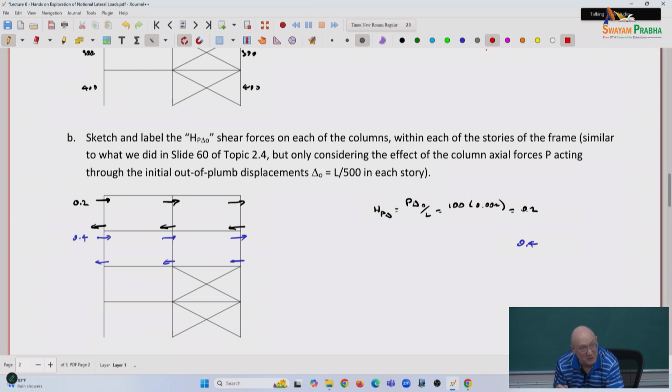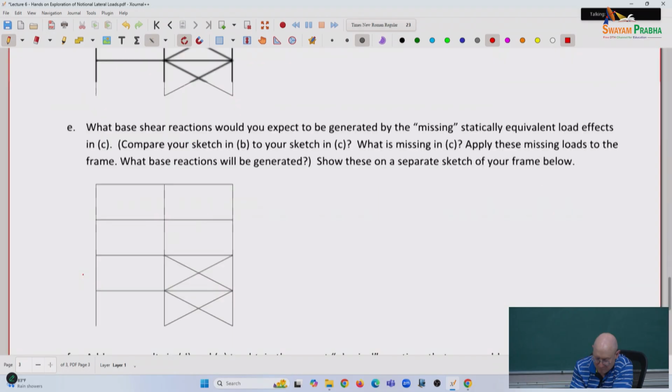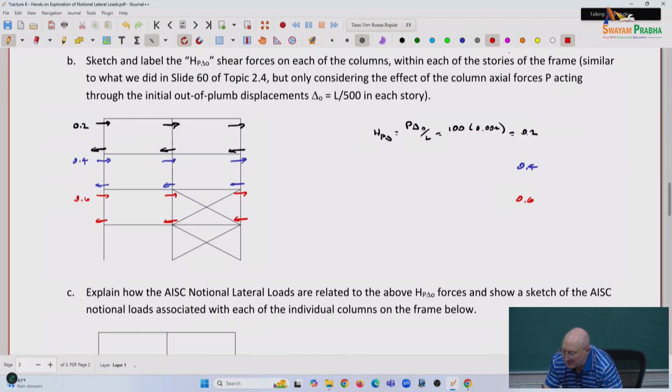If I go to the next one, I've got 300 in that column times 0.002, that's 0.6. So those are the P delta shears in the columns at that level. And then lastly, how about fuchsia? Same calculation, 0.8 would be the P delta shears, so 0.8, right?